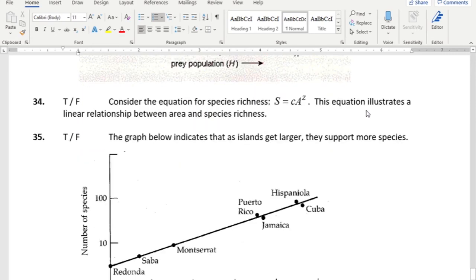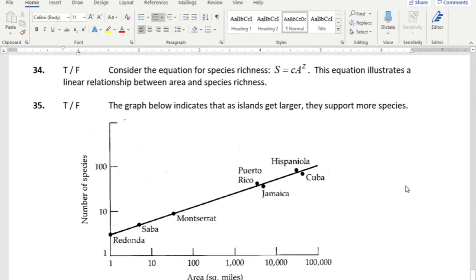All right, let's now go back to patterns of species diversity, island biogeography. And we had this equation, and this was from the MacArthur-Wilson Island Biogeography work. Notice this equation. If you were to take the logarithm of both sides, and you'll notice here that this is a log scale, and this is a log scale.